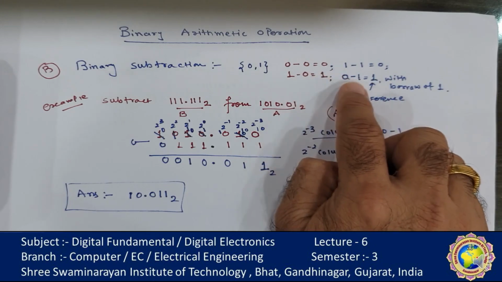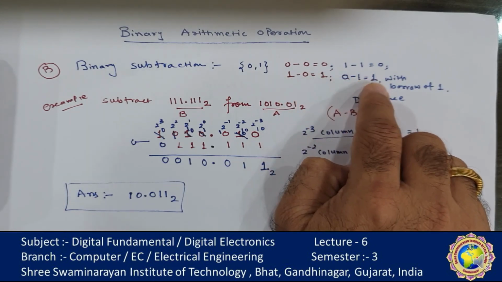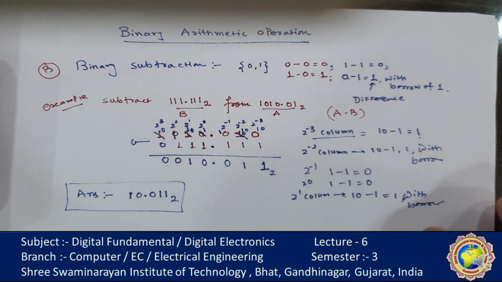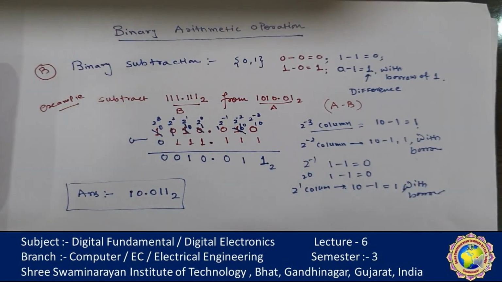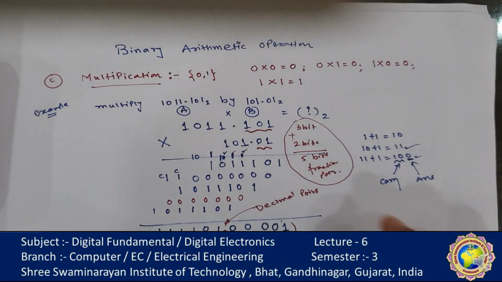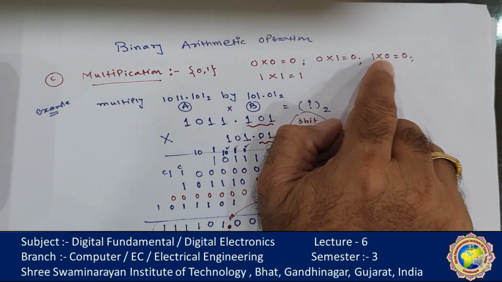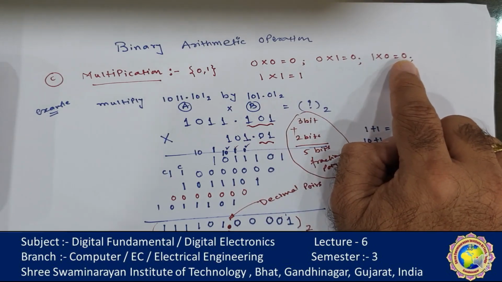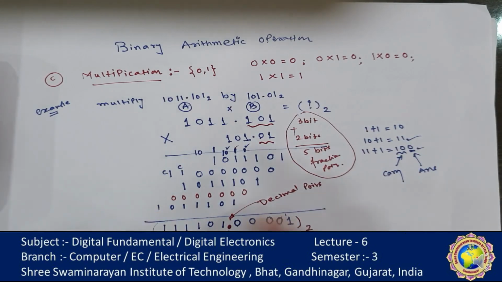But if there is a difference between the 2 bits, 1 minus 0 is 1, 0 minus 1 is 1, because the difference is there. But in this case we have to take the borrow from the LSB to MSB side. Then we discussed the binary multiplication method, where all 4 combinations, 0 into 0 is 0, 0 into 1 is 0, 1 into 0 is 0. If any one bit is 0, the multiplication of this 2-bit combination is 0. But if both are 1, it will become 1, and we took one example.